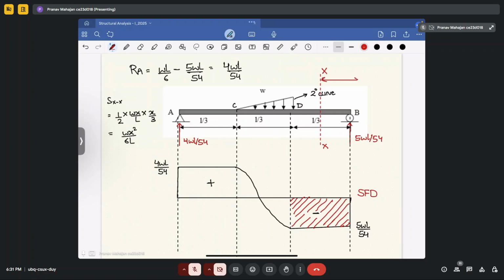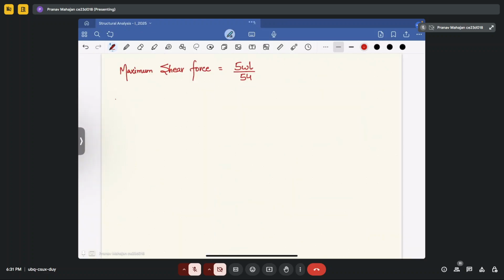So how will you determine? Your moment at XX will be equal to RB into X. What is the value of your RB? Your RB is 5WL by 54 into X.